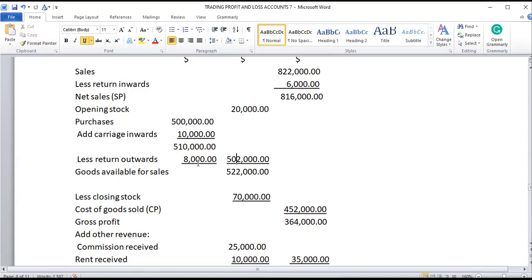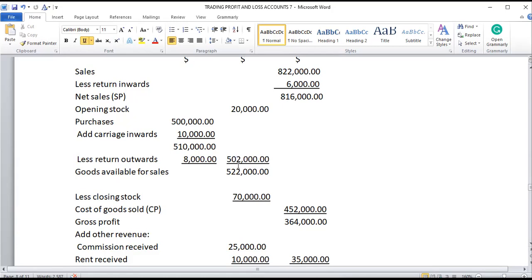That's why I say that it is possible for a company to buy goods and find that some of the goods are damaged, and they have to send them back to where they bought them from. It is what we call return outwards. They are returning the items to wherever they bought them. So you deduct it, then you get this figure. Then you take your opening stock, which is $20,000, and add this total figure to it.